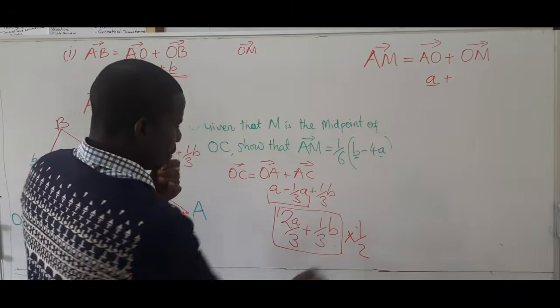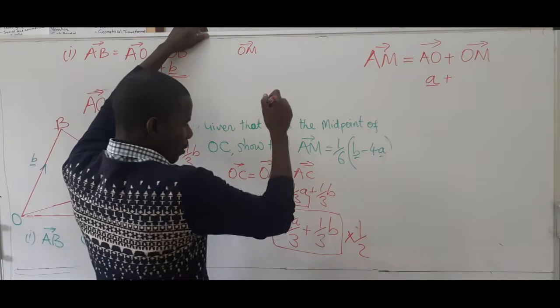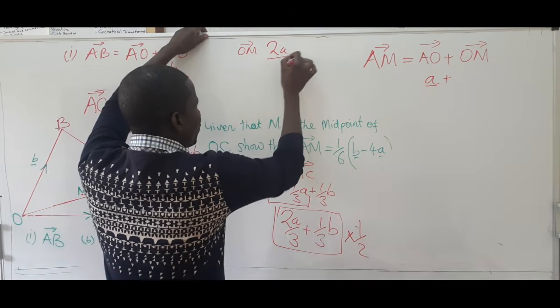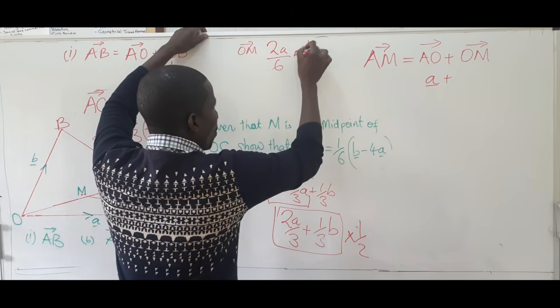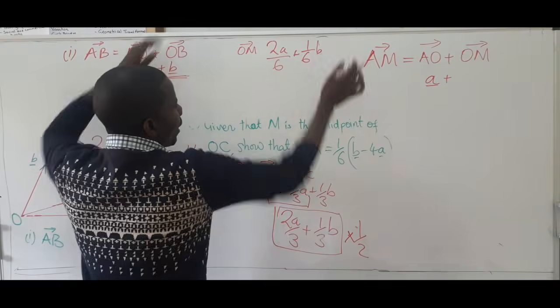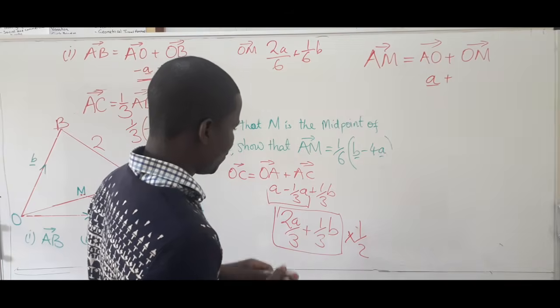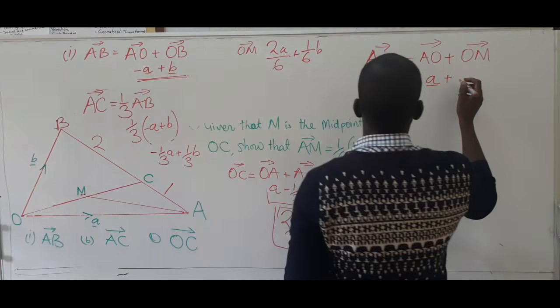So when you multiply this whole thing by 1 over 2, you are going to get 2A over 6 plus 1 over 6B. This is our OM, which is a half.